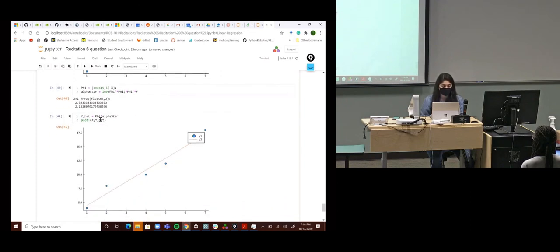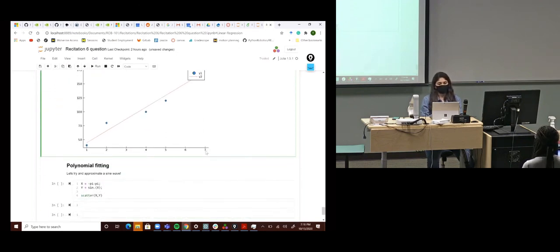I use that, and I plot my y hat, which is the estimate, which is my line estimate, phi times alpha star. I plot those together, and this is the line fit that you get. So now we know how to fit a line to a bunch of points.